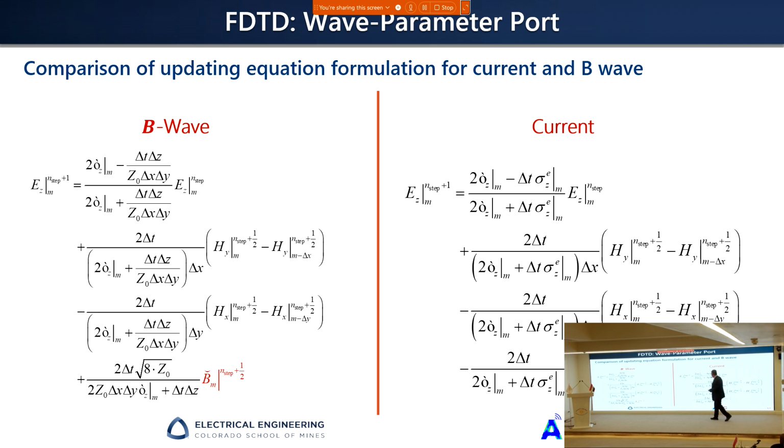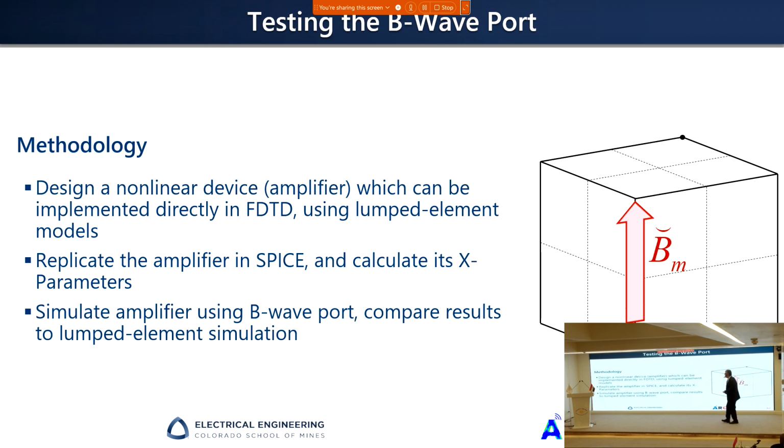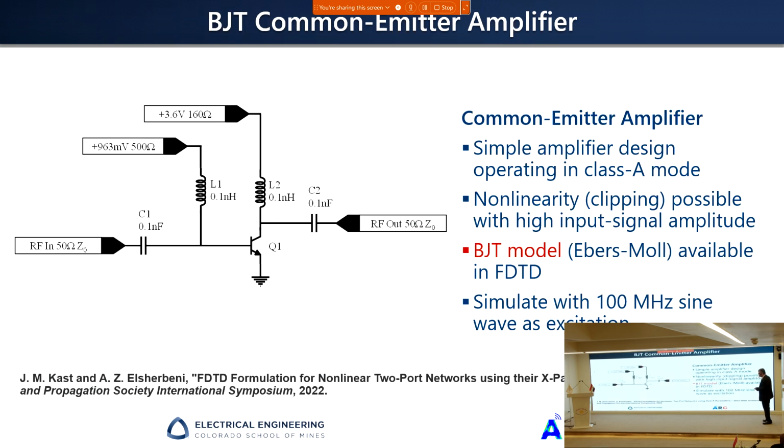All that you see is that the coefficients that are multiplications of E and H field components are different, and those coefficients you calculate first before you start your time iteration. So the point here is that to be able to represent a B wave in a finite difference time domain, and that's basically what allows us to integrate an X parameter black box into the simulation.